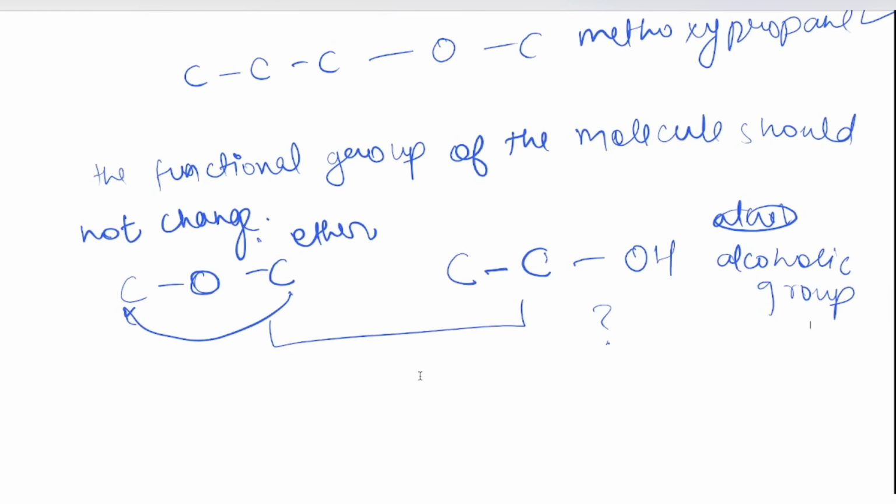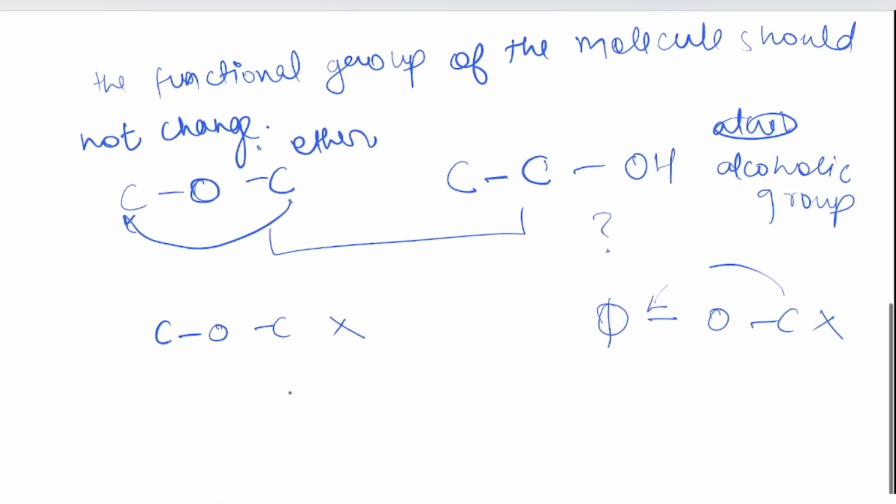Let me give you some more examples. Let's consider this. We just studied that this will not show meta-isomerism, and similarly, this will also not show meta-isomerism, because if I shift the carbon atom here, then it becomes an alcoholic group, so the functional group changes.